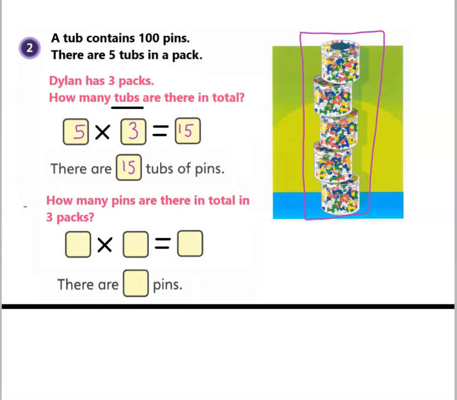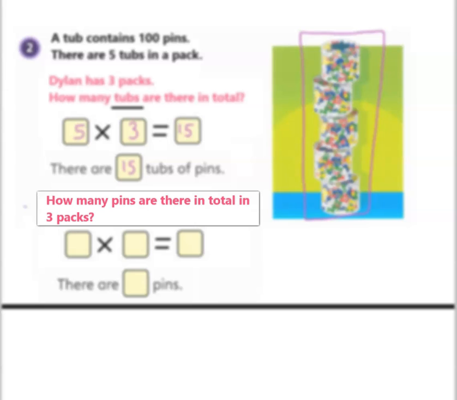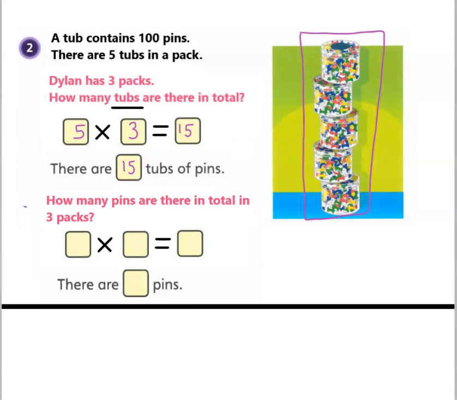Now let's extend that further and find out, how many pens are there in total in 3 packs? Remember, each tub has 100 pens. Have a go at working that out. Okay, let's see how you got on. So, there are 15 groups of 100, because there are 15 tubs and 100 pens in each tub.